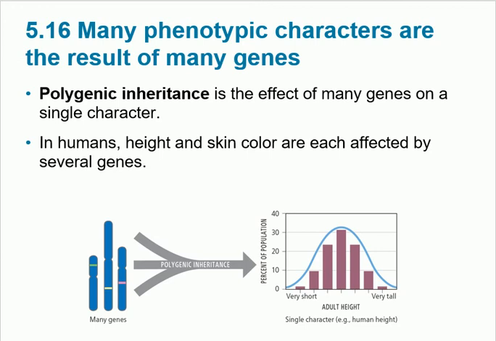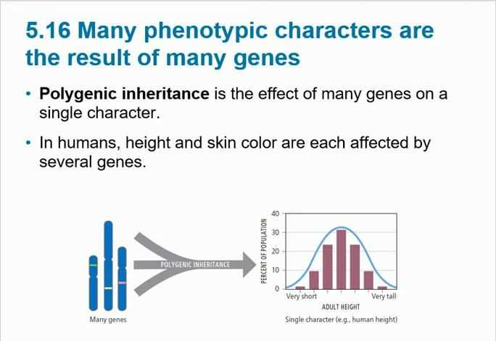Polygenic inheritance is the next one, which is multiple genes causing a single characteristic. I'm not talking about blood types now. Several genes are causing one characteristic, like height, for example. If you look at height, it's one character, right?